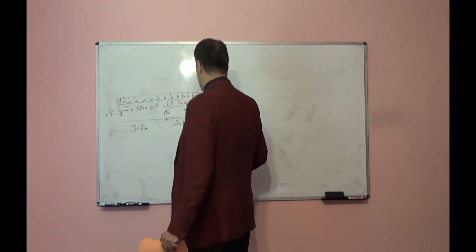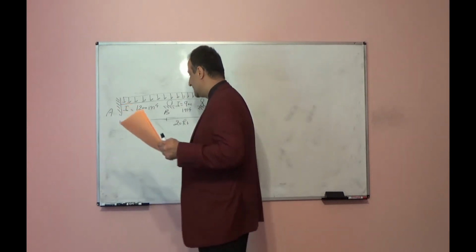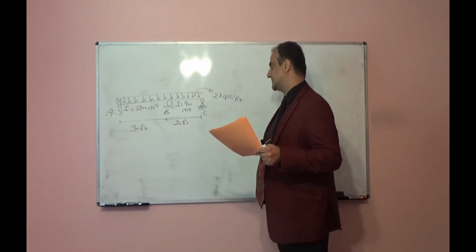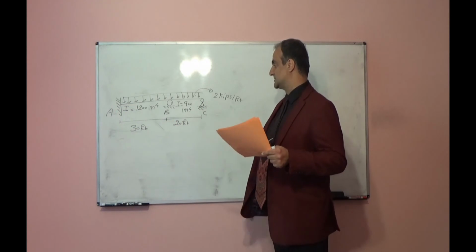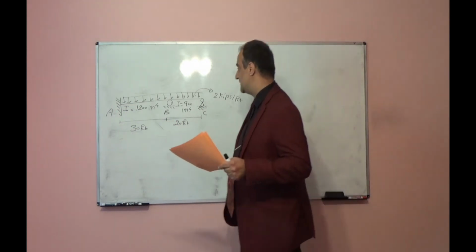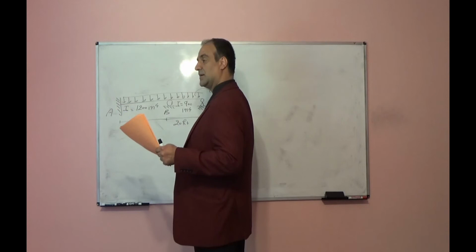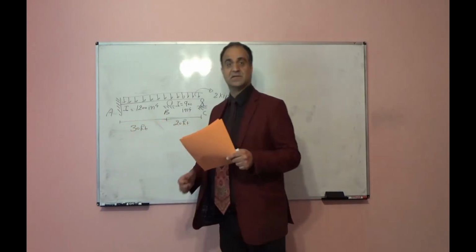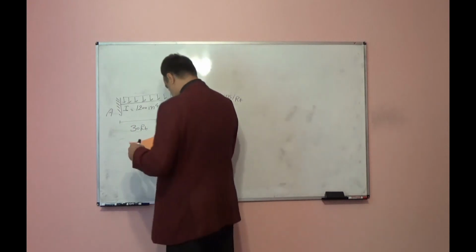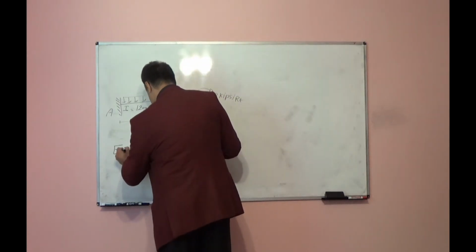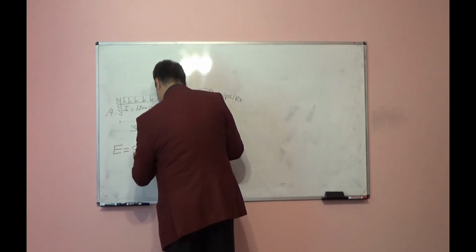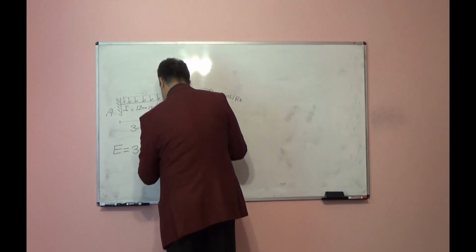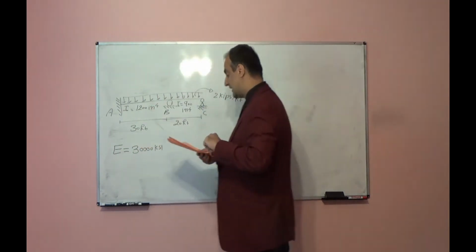The intensity of load is 2 kips per feet. AB span is 30 feet. BC span is 20 feet. I for AB part is 1200 inch to the power of 4. For BC part, it is 900 inch to the power of 4. And E is equal to 30,000 ksi. We want to find reactions.